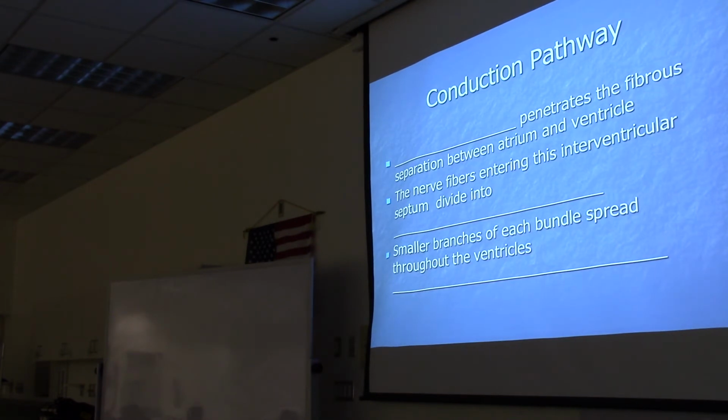So blank penetrates the fibrous separation between the atrium and the ventricle. Yes, the bundle of His. His is spelled H-I-S. The bundle of His. And then the nerve fibers entering this interventricular septum will divide into... The right and left bundle branches.